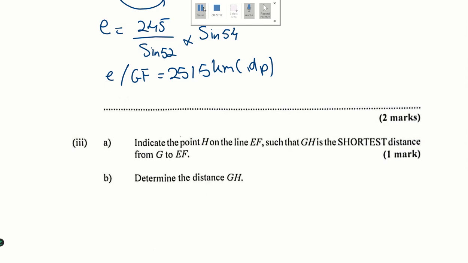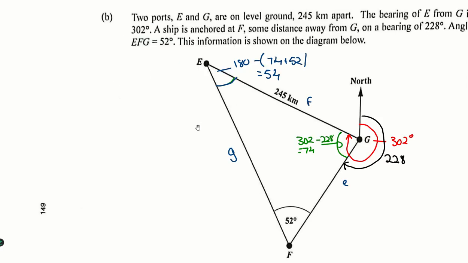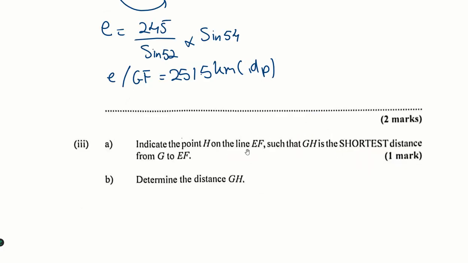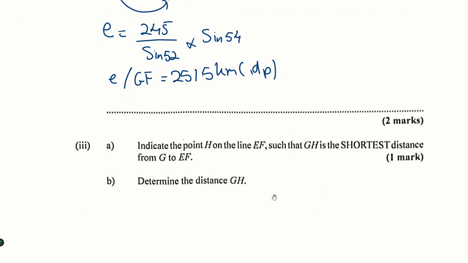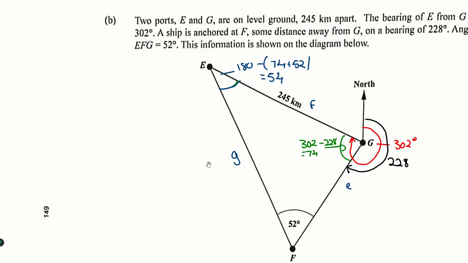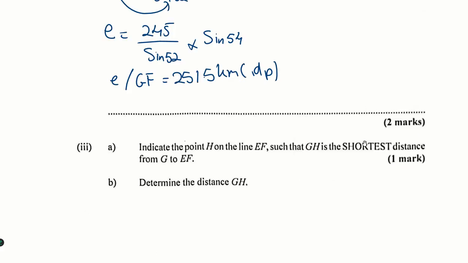So part 3 says indicate the point H on line EF such that GH is the shortest distance from G to EF. So we are talking about point H on line EF, this line here, such that GH is the shortest distance from G to EF.